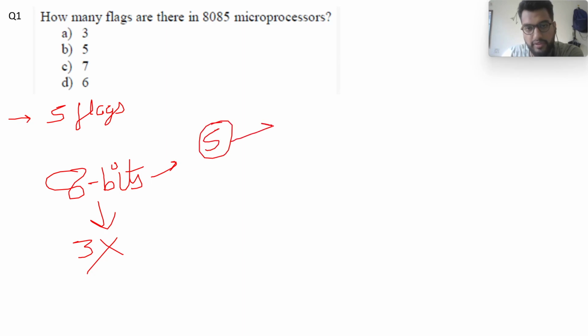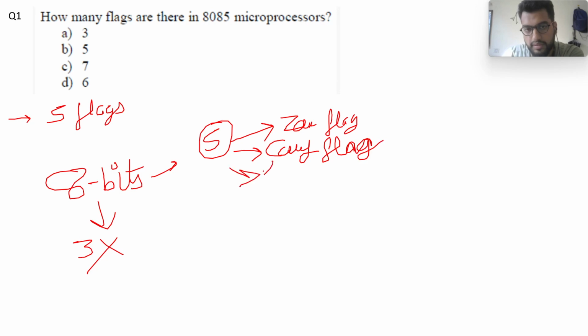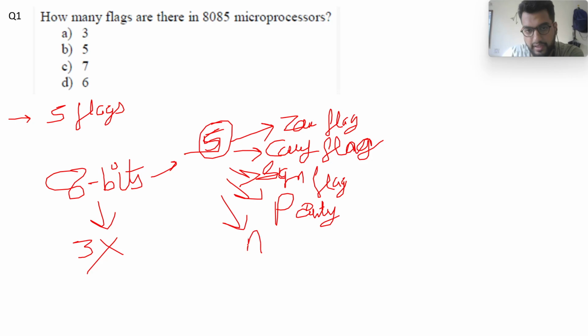So among these 5, we have the zero flag, the carry flag, the sign flag, the parity flag, and the fifth one is auxiliary carry.